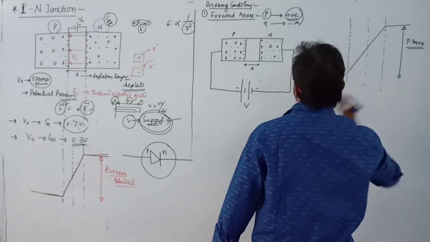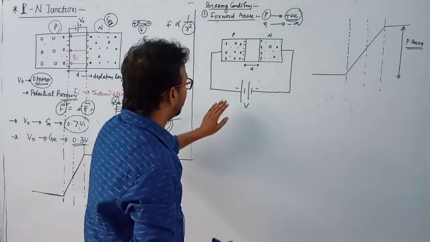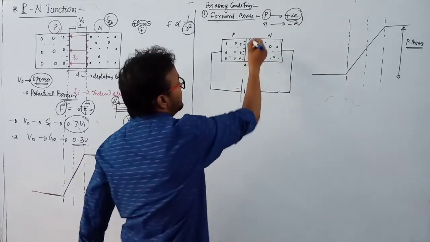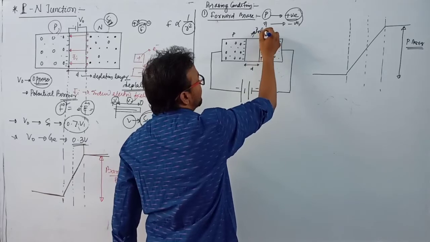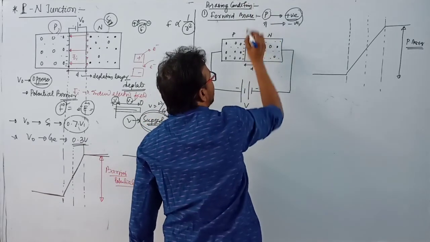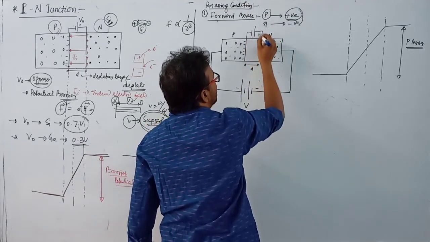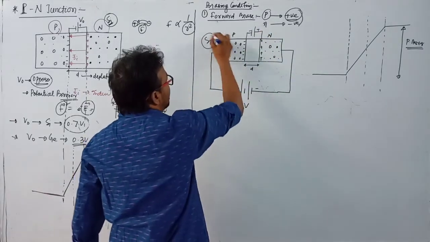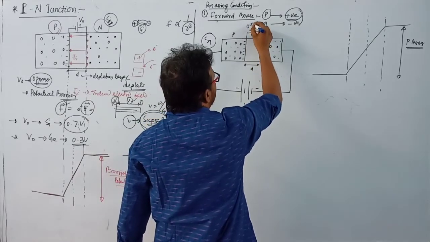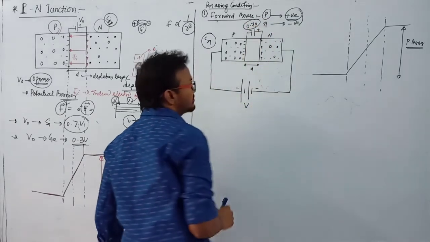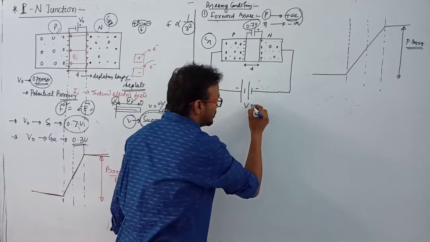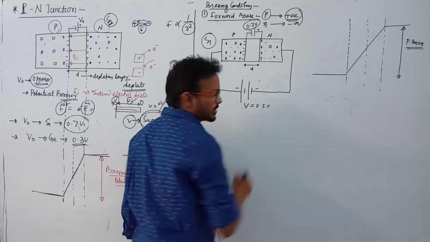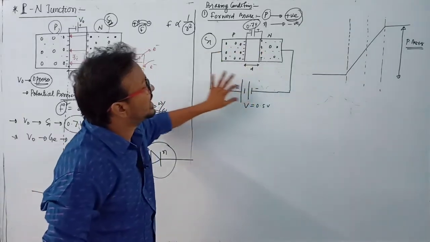Clear? Now this is the initial case when there is no battery connected to the PN junction, right? This point is known as the junction, and there is a potential barrier, negative potential, and this is high potential. Clear? For silicon crystal, if we take silicon crystal here, then the potential barrier is 0.7 volt. Means if we supply this voltage, suppose 0.5 volt, then there is no current in the circuit.